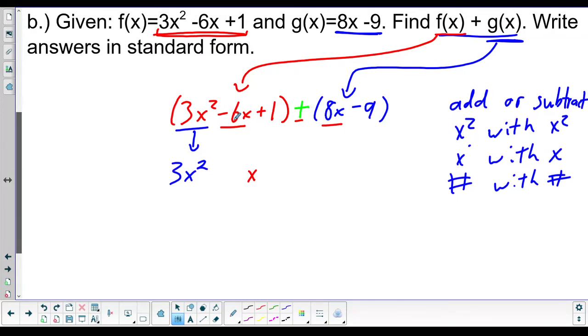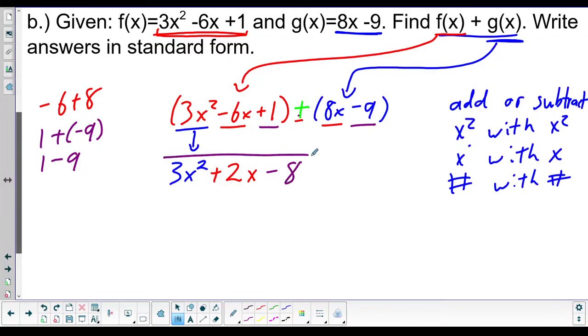So negative 6 plus 8 is 2. So we're going to have plus 2x because the 2 is positive. Then we have 1 plus negative 9, same thing as 1 minus 9. And then this is negative 8. And then this is our answer.